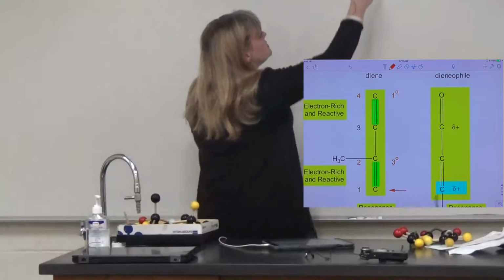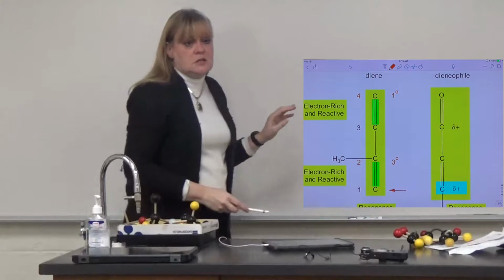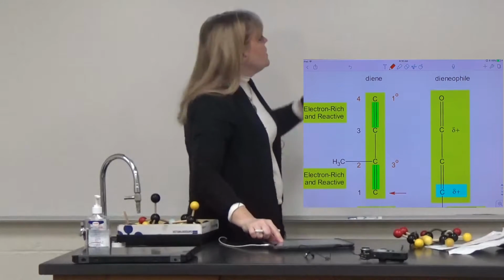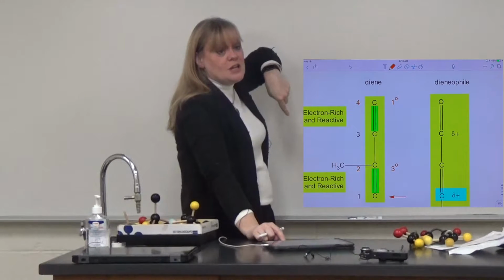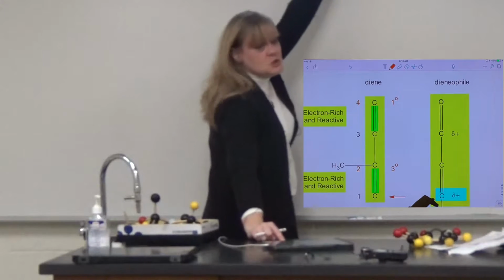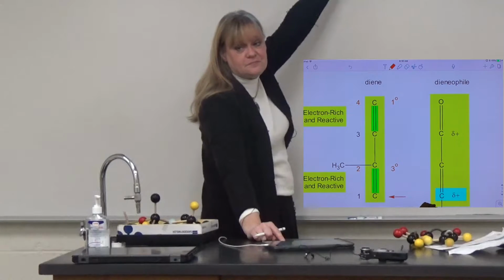If that's electron deficient and you have two pi bonds here and that's super electron rich, then the deal is you are going to use a pi bond to open it up to the electron deficient carbon here.